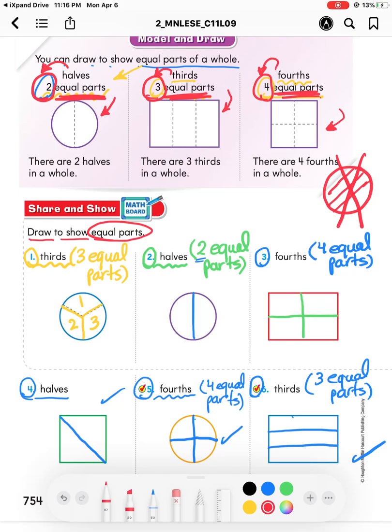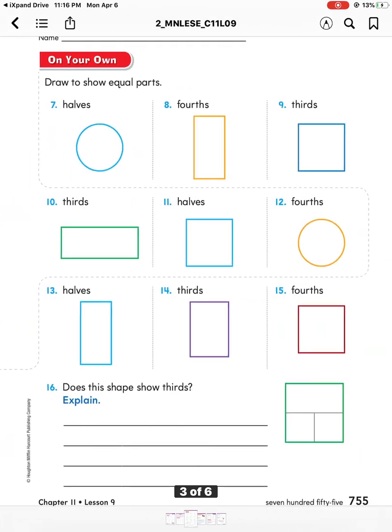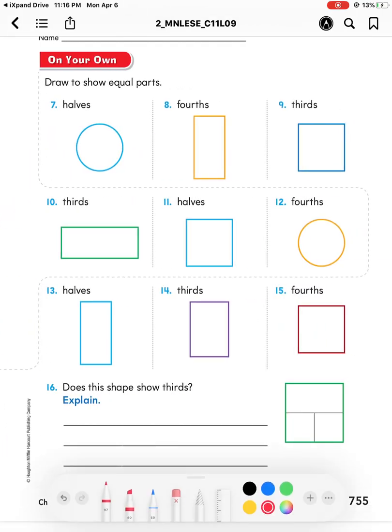Now let's move to the next page, page 755. Okay, here I want you also to pause the video, try to answer on your own, then check your answers with me, okay? I will try to show most of the correct answers. If you answered in a different way from any of the ways I mentioned, please take a picture of your book or scan the page and send it to me so I can check it for you, okay?